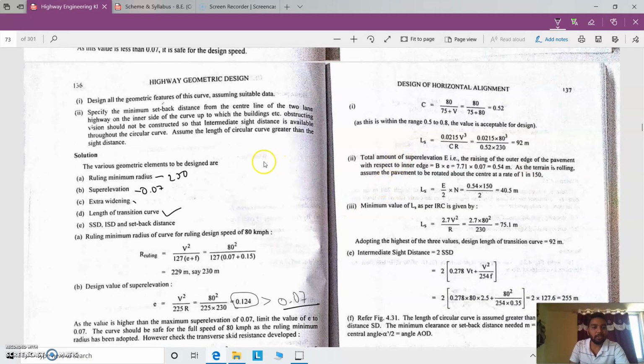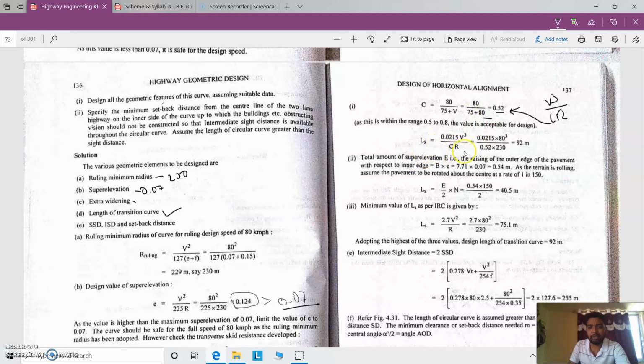So first, for centrifugal acceleration, we should know what C is, because V cube divided by C R is the formula. Here V is 80 kmph and C is calculated by 80 divided by 75 plus V. Substituting V in kmph, we get 0.5, and since it is greater than 0.5 and less than 0.8, you can consider C as a suitable centrifugal acceleration for this speed.